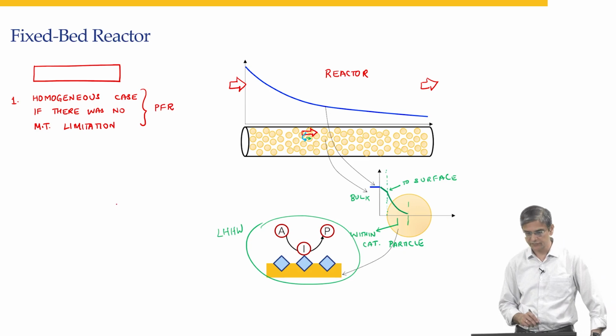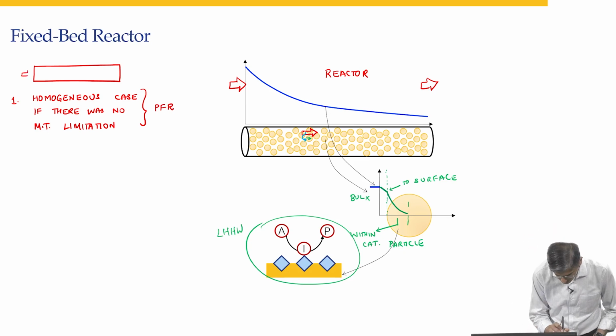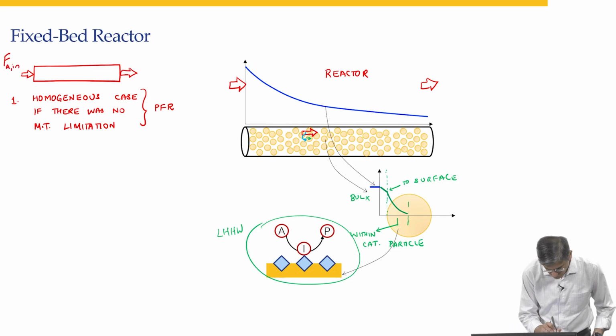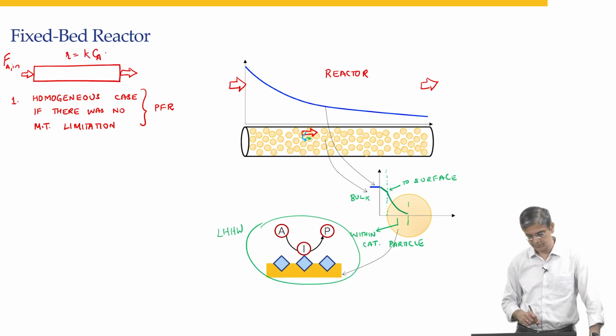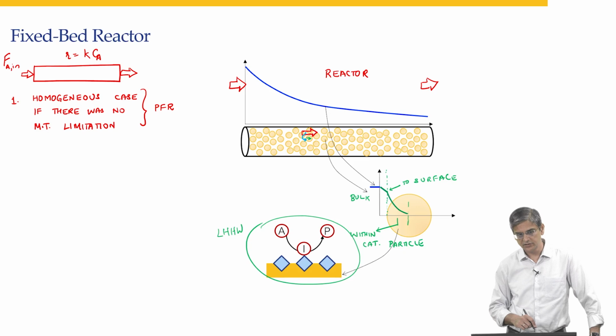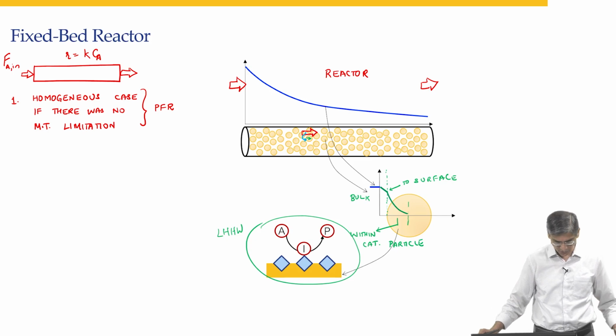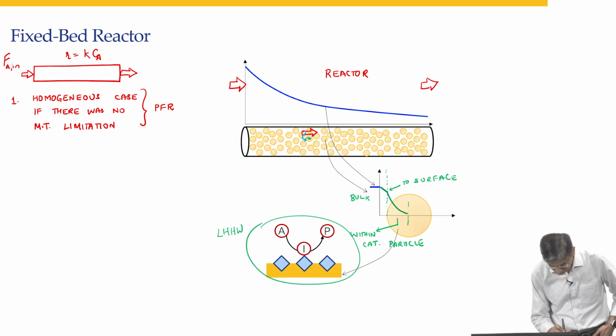This is something that we have done in module 8. The inlet flow rate is given, FA in, CA in is given. Your reaction rate is r = K times CA. That is given, and you have to find the size of the reactor to get 80% conversion. So that is the first problem.